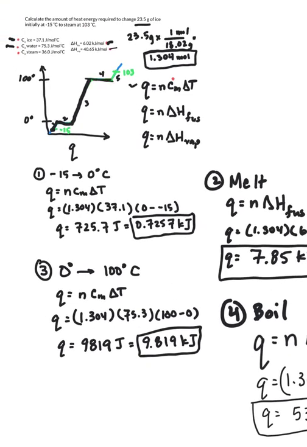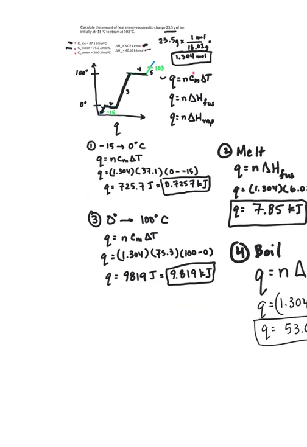We've got this leg of our journey complete, so we're off to our final stage, which is bringing our temperature from what's now 100 degrees Celsius on up to 103 degrees Celsius.